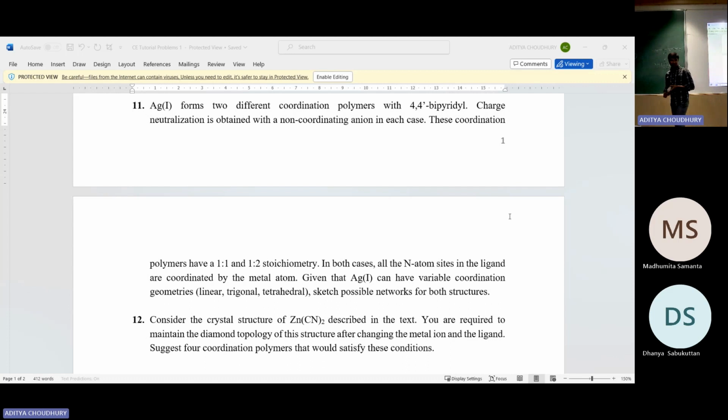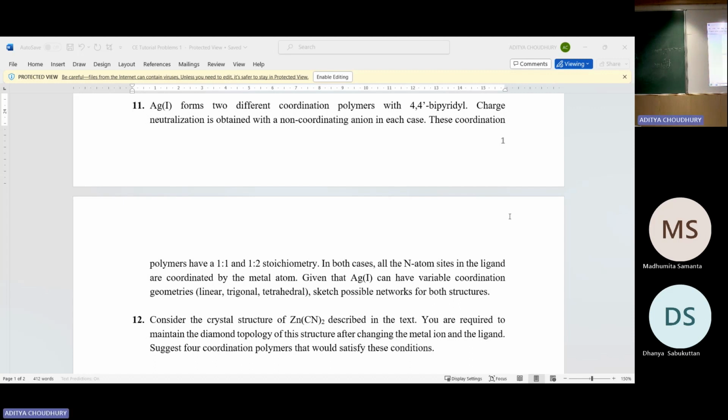For trigonal, what is the structure of this? Honeycomb. You take silver over here, BPY over here, and it can form a honeycomb, but does it really form?